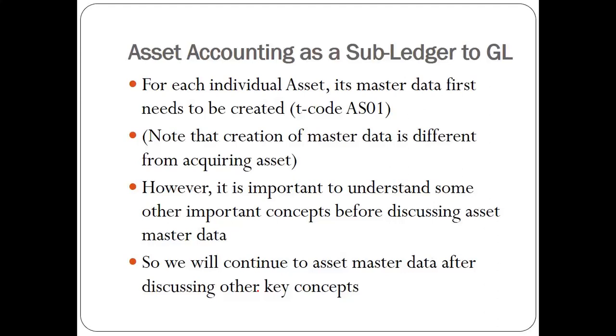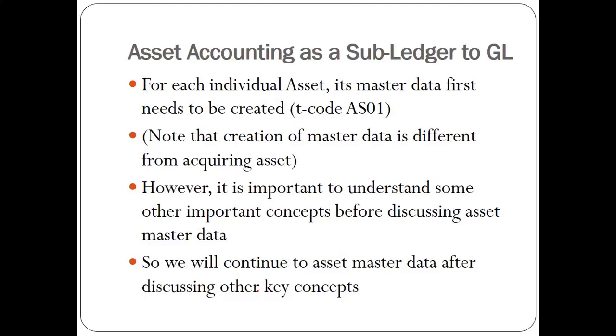For example, for a vehicle, it mentions that this is a car, a 1000cc car, this is the color of the car, and this is the depreciation method which will be applied to it. But while creating master data, we have not recorded a value to an asset. We have not debited an asset, because debiting an asset is not master data, it is transaction data. So first we need to create an asset by AS01, and then we will acquire the asset through a different T code, which we shall see down the road.